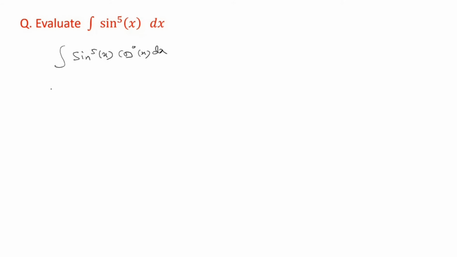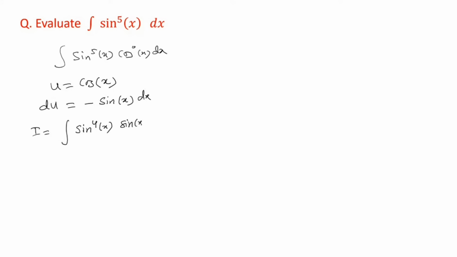Now to solve this question we will follow the same method. We substitute u equal to cosine x, so du is equal to minus sin x dx. Therefore we can rewrite the integration as sin to the power 4 x times sin x dx.